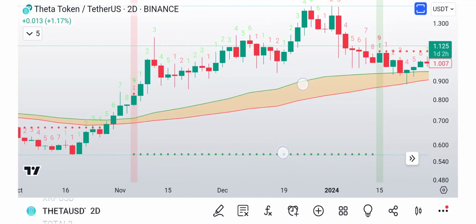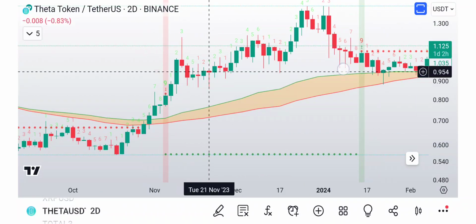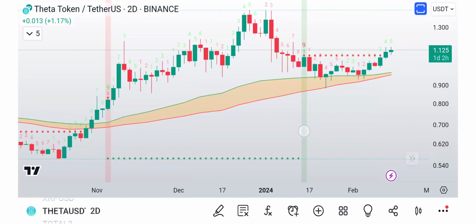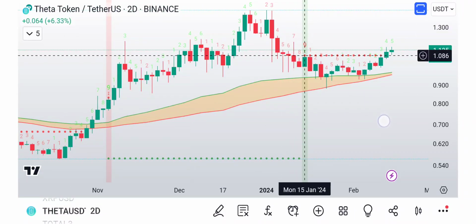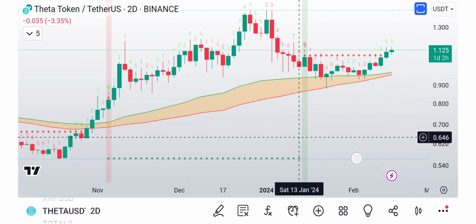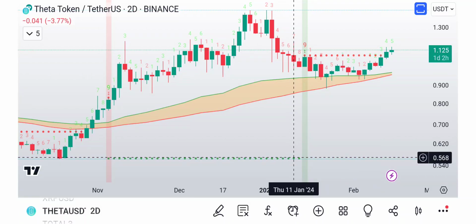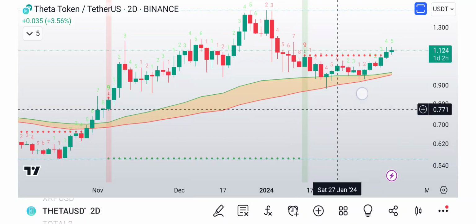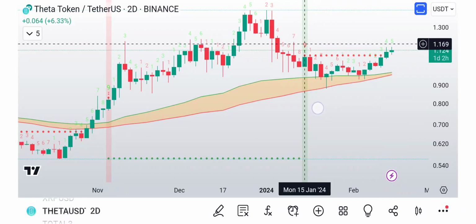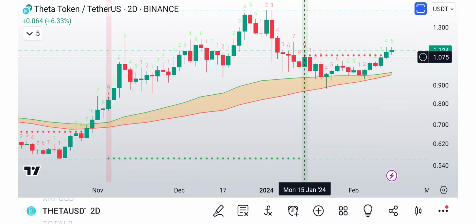So that never happened. What happened? We continued to pump. And then what happened? We had a 9 buy. So as soon as we got this 9 buy right here, look what happened. The green dots stopped printing. Why? Because the red dots essentially come from the 9 buy.